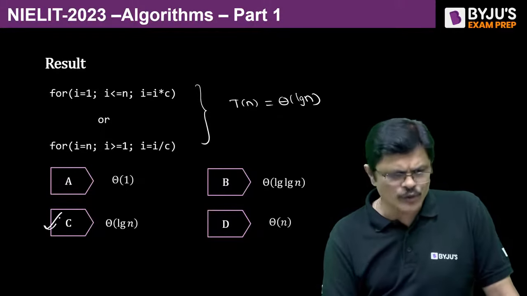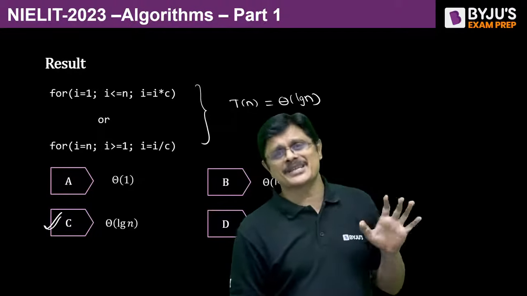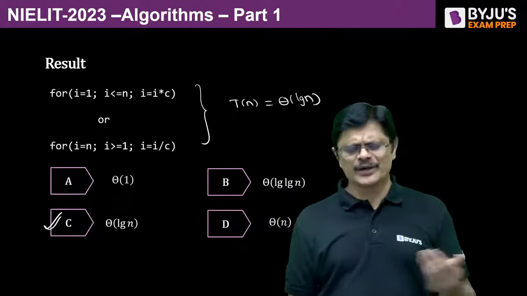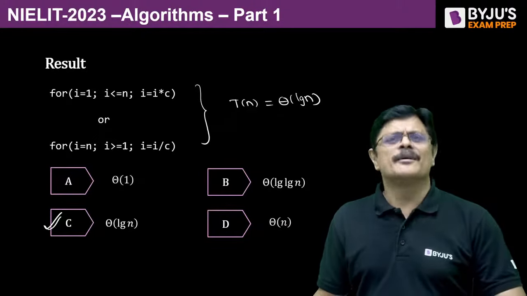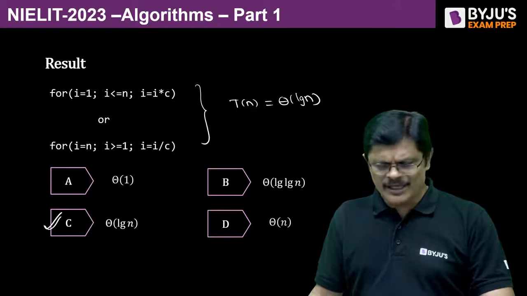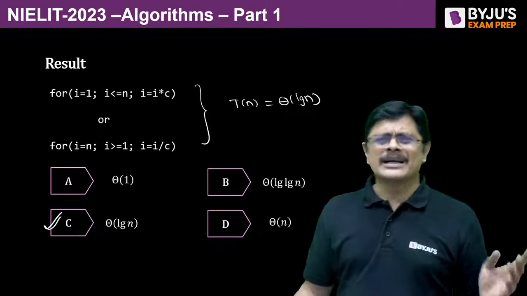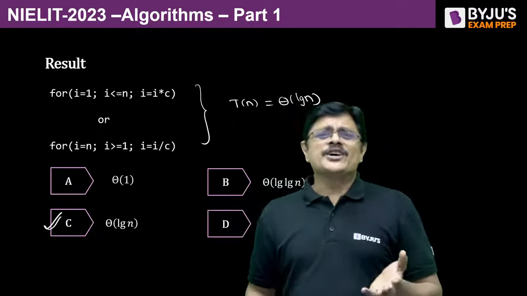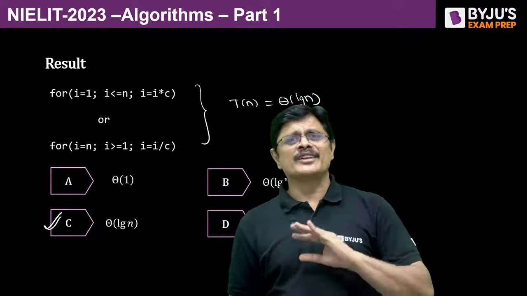I think most of you know the standard loops, my dear friends. These standard loops we should master at least. Of course, you can do the derivation; in our regular classes we do derivations and other things. But here, at least know the standard loops, because the variations you can easily understand. The base will be c, but the base of the logarithm asymptotically does not matter, so you can write theta log n without any problem.